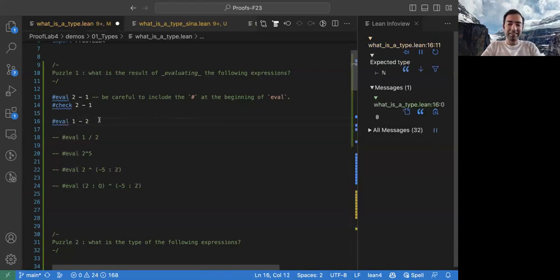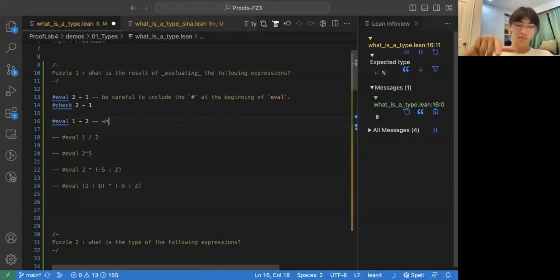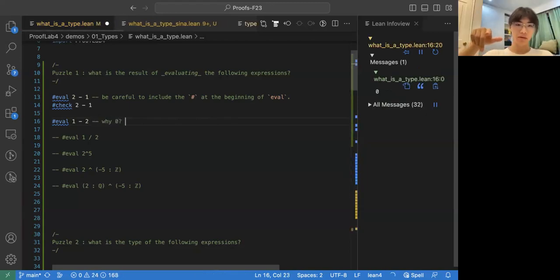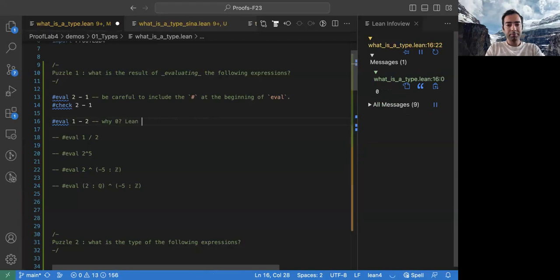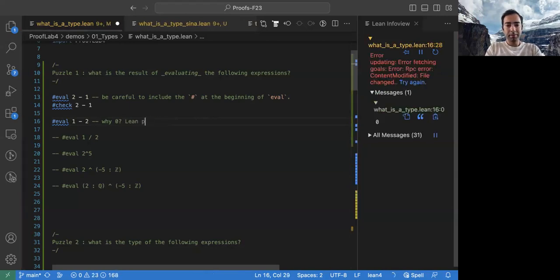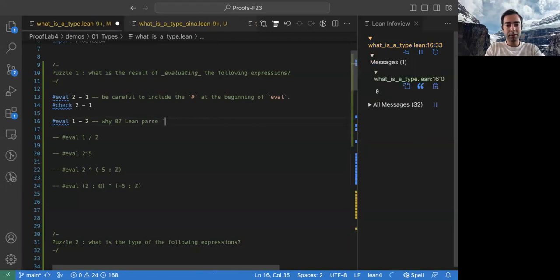Ooh, 0. How do we explain this? Is it because it assumes 1 to be a natural number, so it only gives you a natural number? Right. Or rather, the term parses 1 as a natural number.